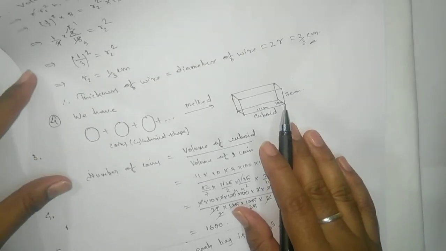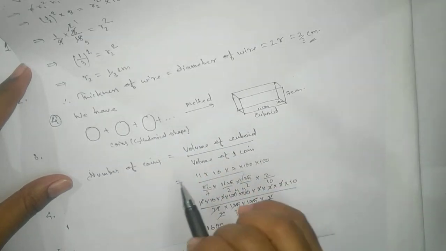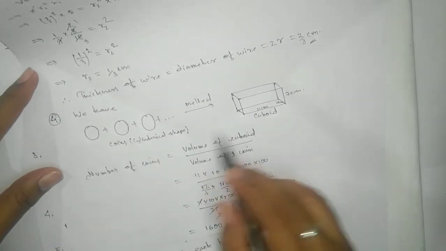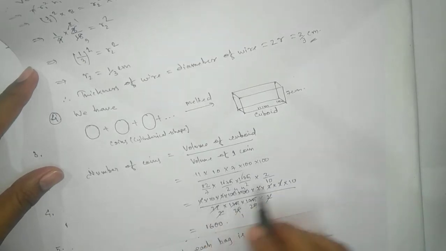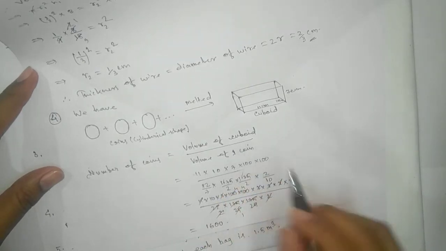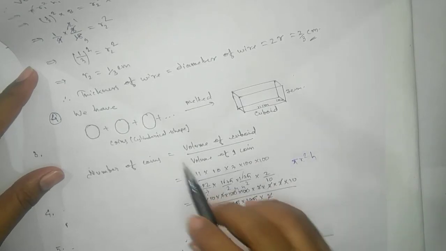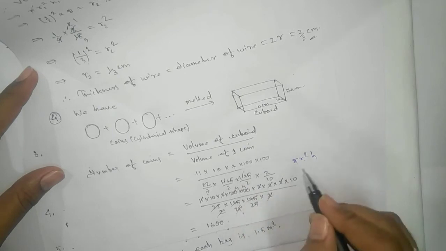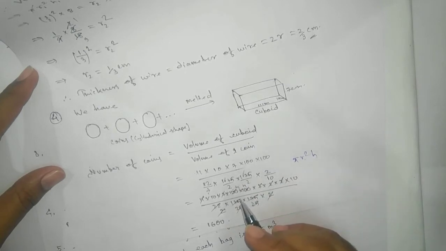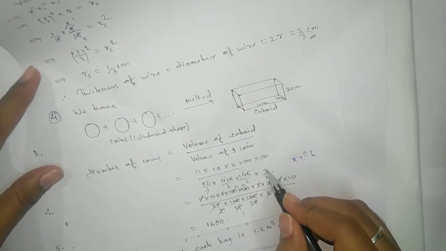Okay, next the fourth one. Here we have a number of coins which will be melted, and we'll get the cuboid here. To find the number of coins, we have a formula: the volume of the bigger object divided by the volume of the smaller object. We substitute the values. The volume of a cylinder is pi r square h. We substitute 22 by 7. R means 1.75 by 2, because 1.75 is the diameter of the coin, and h is 2 mm.